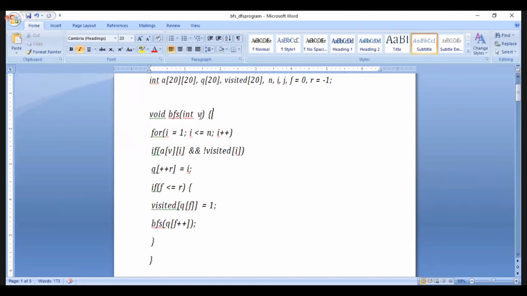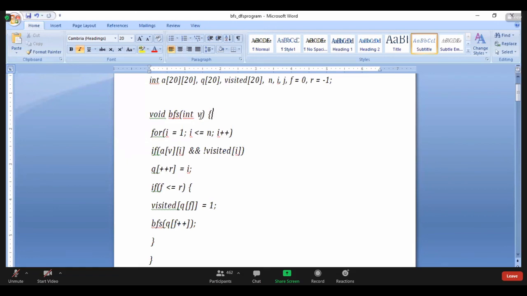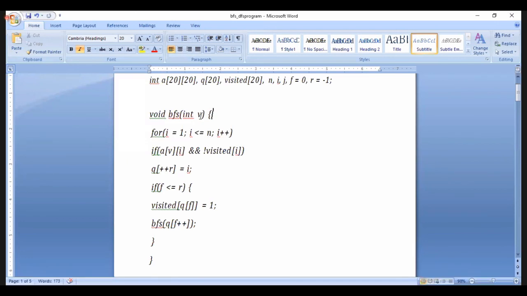I am passing it to V again and finding the adjacent vertices, right? Yes, F plus 1 also will work. Then after that deleted vertex comes here, that particular loop will again iterate and find all the adjacent vertices.